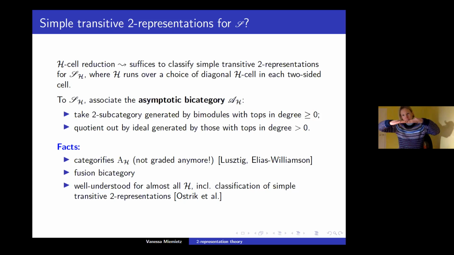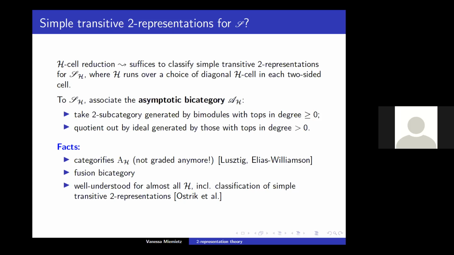Of course, you get other tensor factors that have tops in lower degrees, and those are the ones that you kill. Those are the ones that don't make it in your perverse filtration.